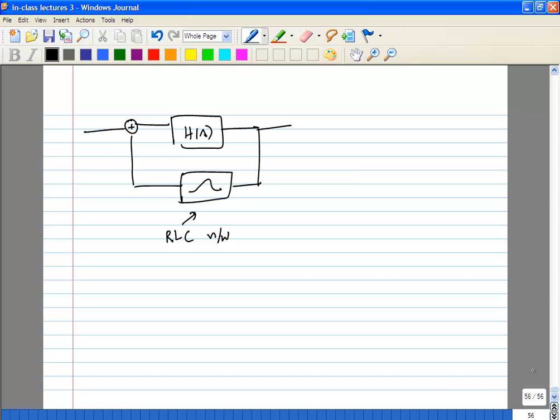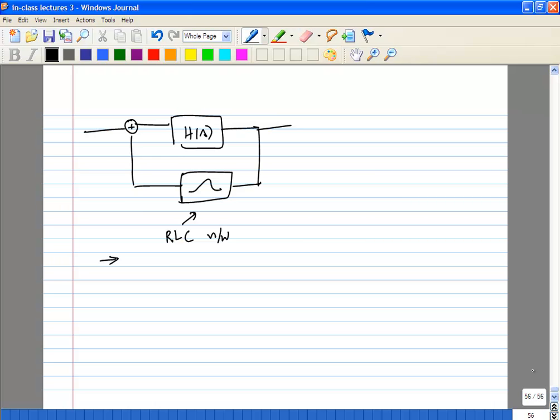We know that a parallel RLC network has very low impedance at all other frequencies except at resonance where it has high impedance. We are going to use that property to create the oscillator, and most RF circuits end up using something similar to this.